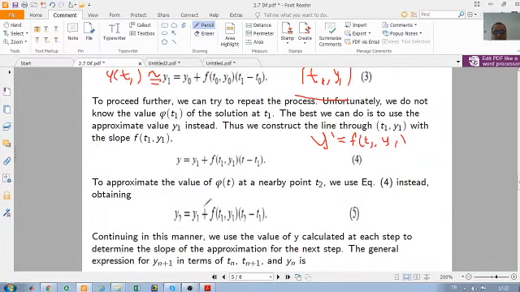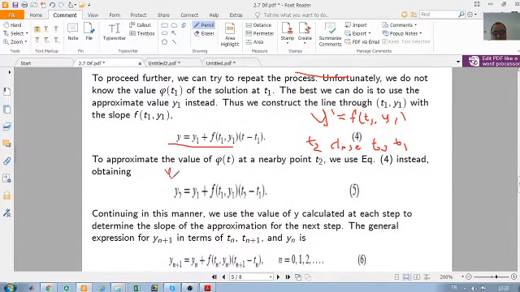So to approximate the value of phi at a nearby point t2, namely t2 is close enough to t1 such that we can use this formula, we obtain phi of t2 is approximately equal to y2, which is equal to y1 plus f of t1, y1 times t2 minus t1. Instead of t we write t2.